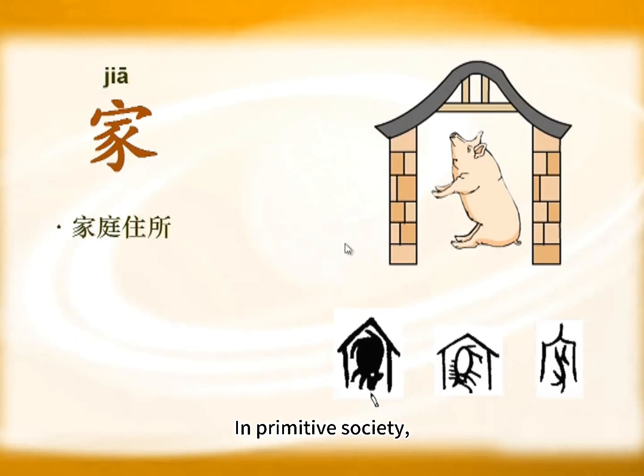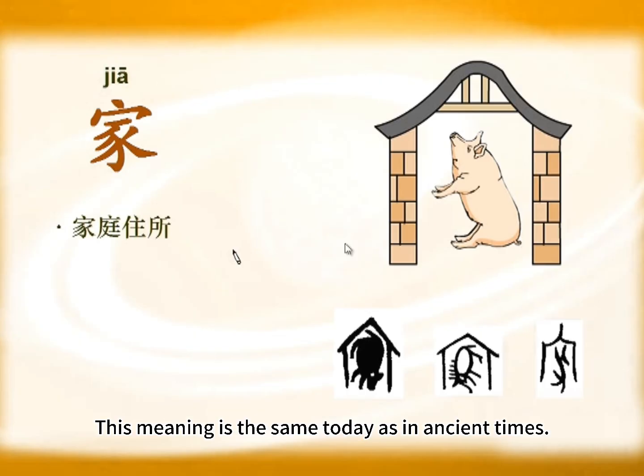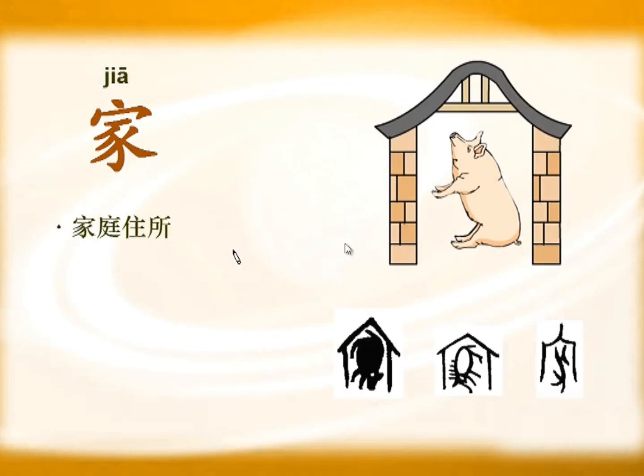In primitive society, a family had two main functions: shelter for people, and a source of food. Raising some animals. So, a dwelling place and sustenance. This constitutes the family 家. 家 originally means family, home. This meaning is the same today as in ancient times.